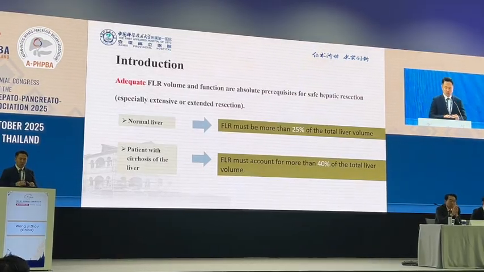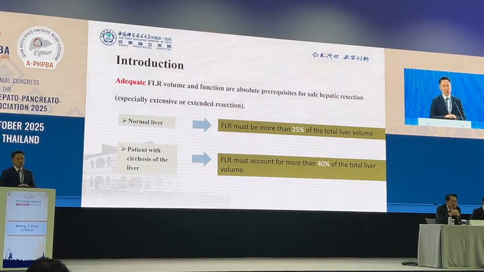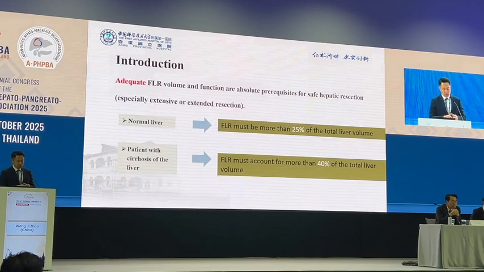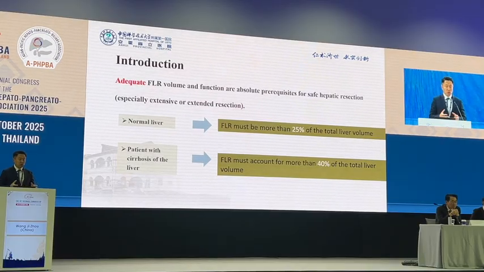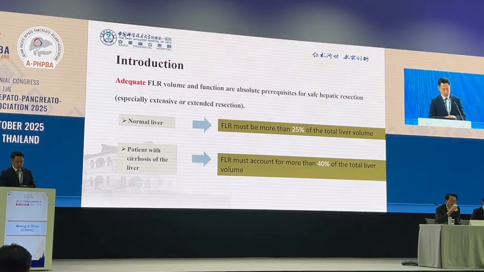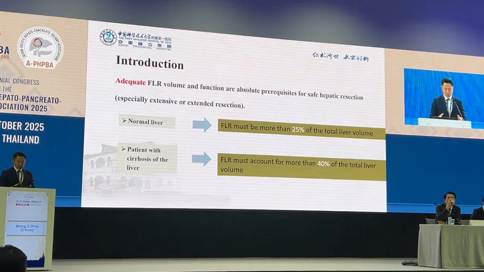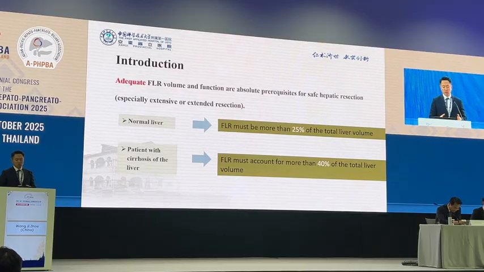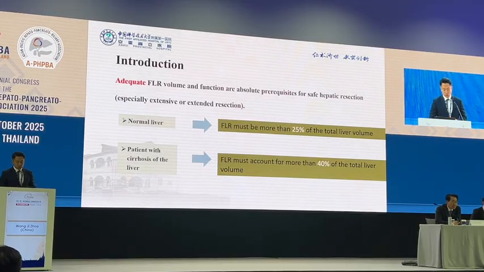So what is the definition of adequate FLR volume for liver resection? For a normal liver, most of the time FLR must be more than 25%, and for patients with cirrhosis, most commonly in China, as the main cause of HCC in China is hepatitis B, FLR must account for more than 40% of the total liver volume.